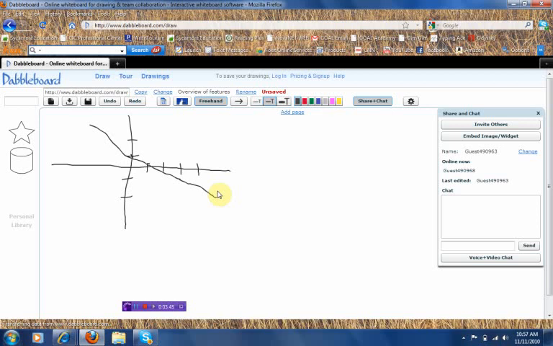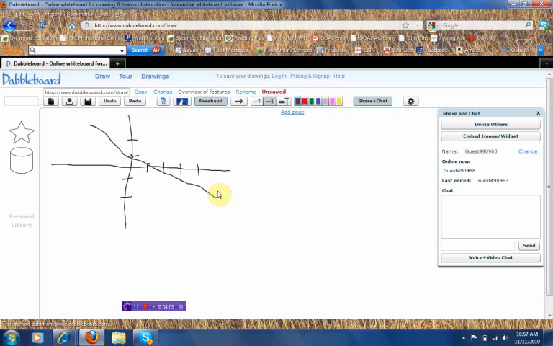Okay, so y equals mx plus b. What is our b in this one? 1. Correct. Is my slope positive or is my slope negative? Negative. Correct. So from where's another point?